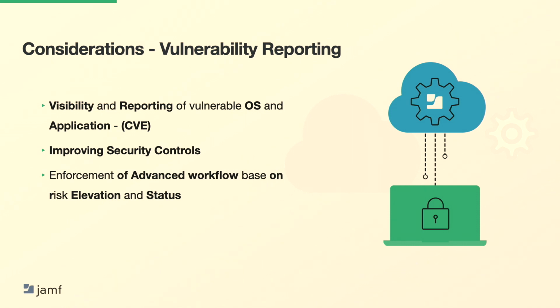The second type of consideration is more about vulnerability reporting. So vulnerability reporting generally just gives you a better risk overview of your organization's data, assets, and reputation. It helps understand where your organization currently stands in terms of what vulnerabilities exist. It helps you improve security controls because you know where the gaps are.